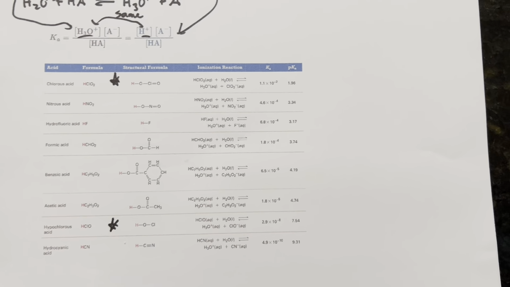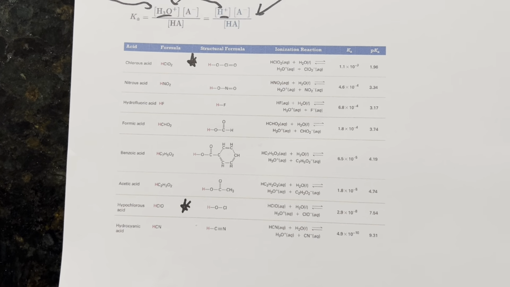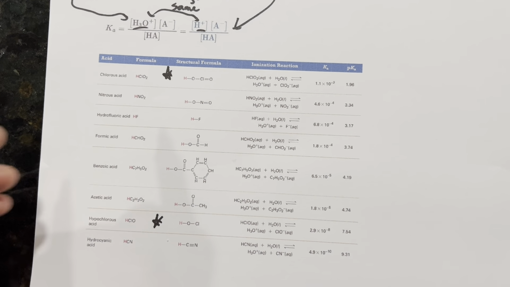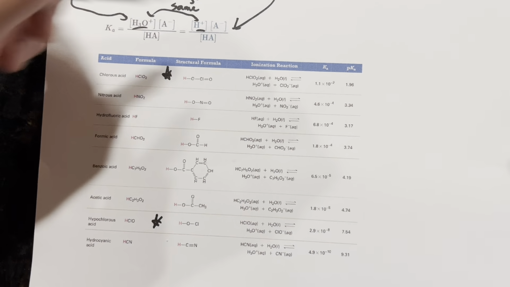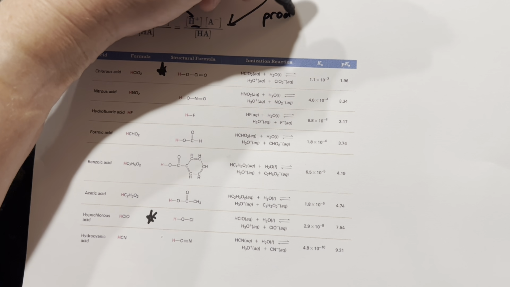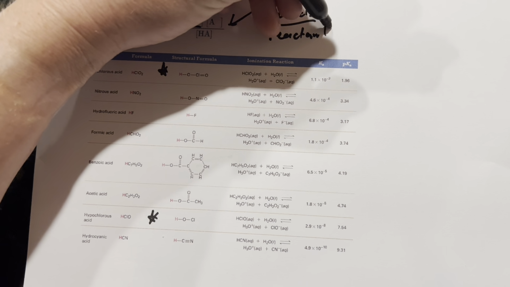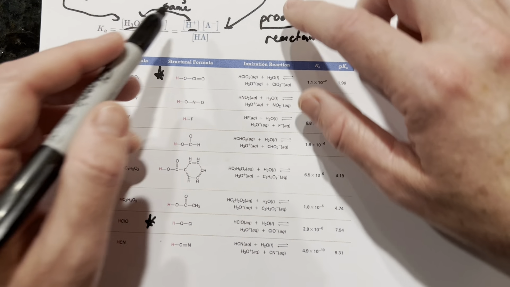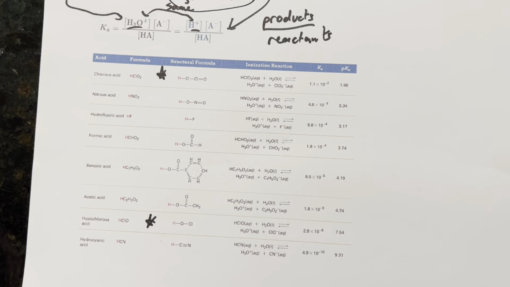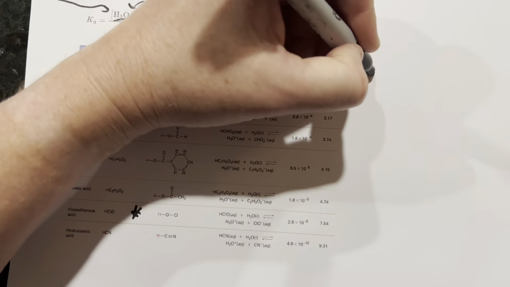Now remember, I'll go through this table a little better here. Remember that Ka, oh, my camera's falling. Okay, remember that Ka is products over reactants, right? So if we have a big Ka, what that's telling us is we have a stronger acid. It's giving off that H plus more.